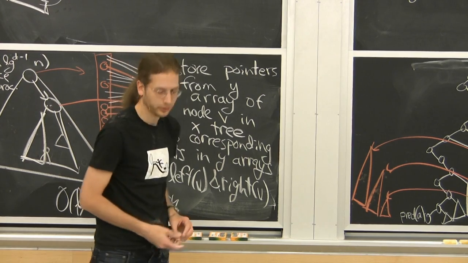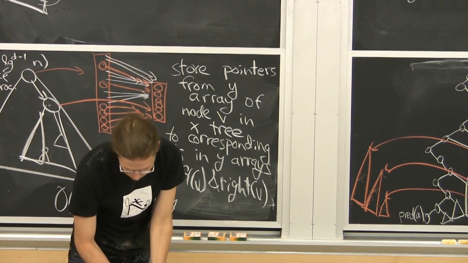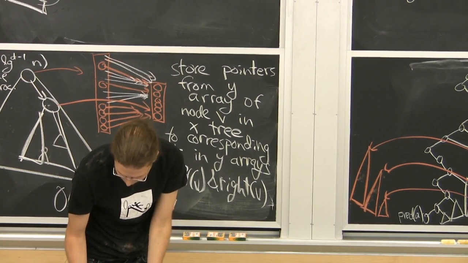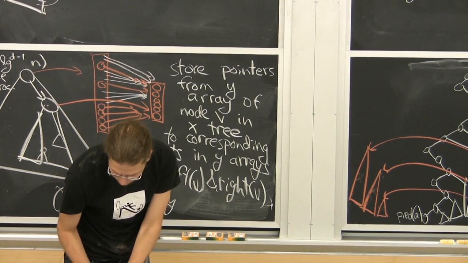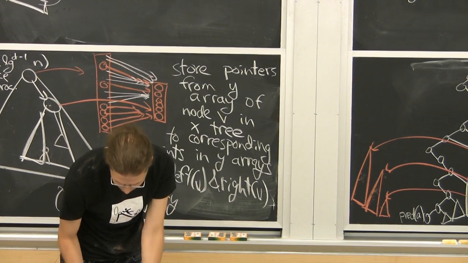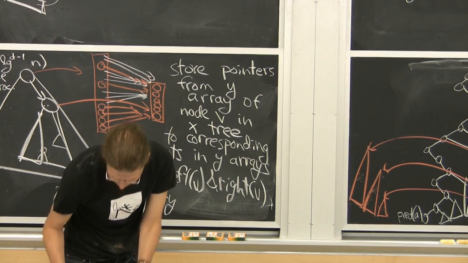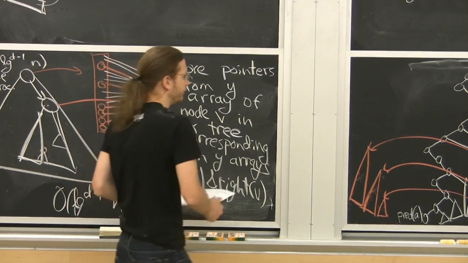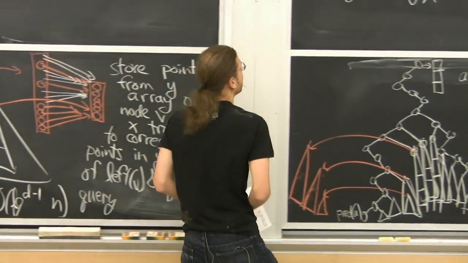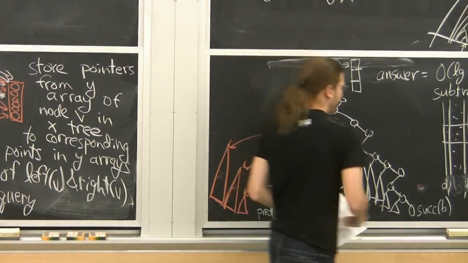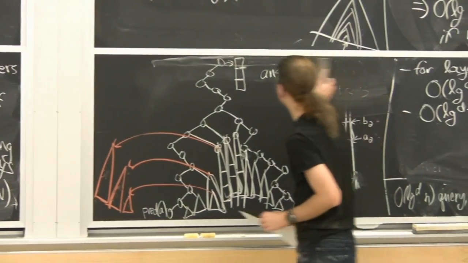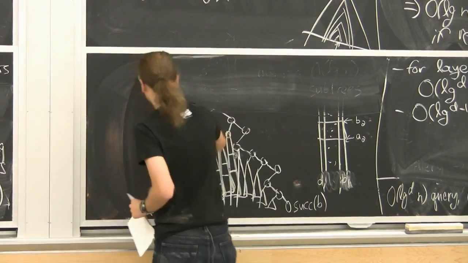Cool. Well, that is range searching, orthogonal range searching. There are more results, which I don't want to cover in detail here, but I should at least mention them. And then we're going to turn to fractional cascading a little more generally.